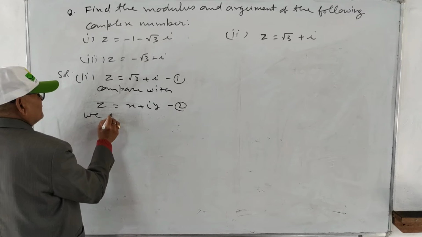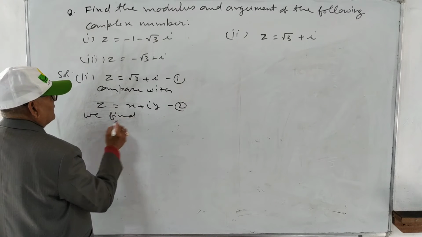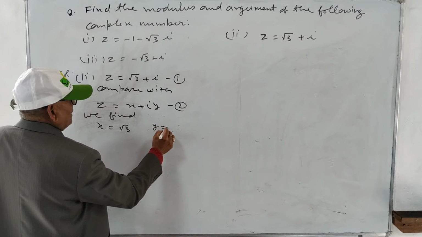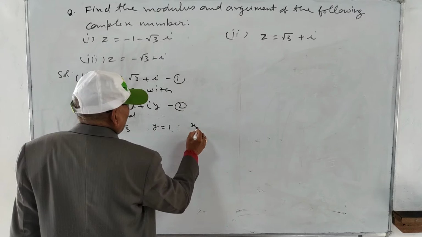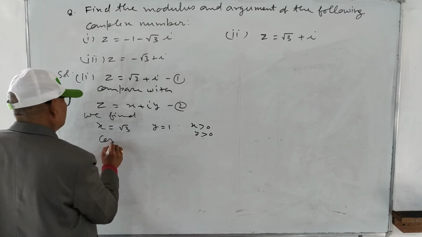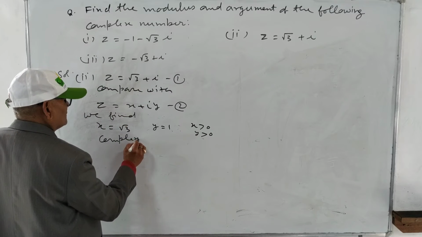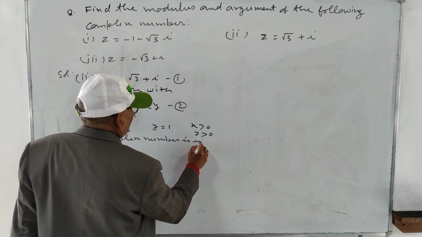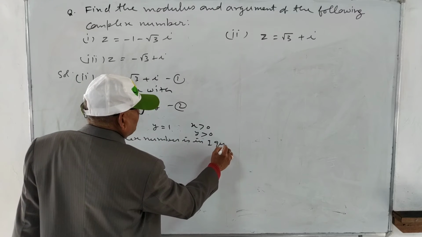We find x equal to root 3 and y equal to 1. Here x is greater than 0, y is greater than 0. The complex number is in the first quadrant.